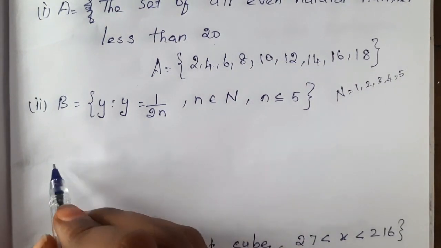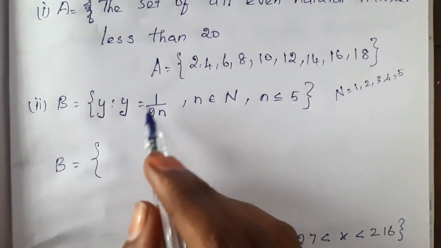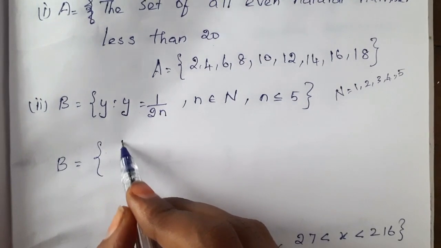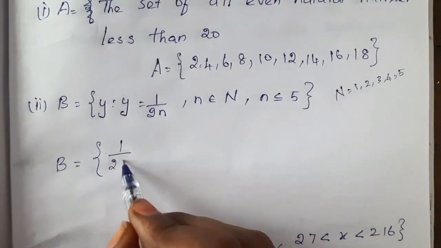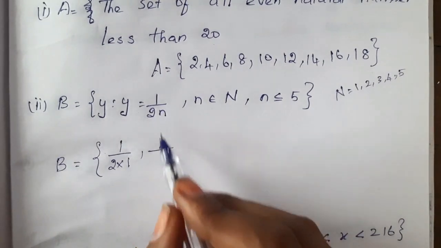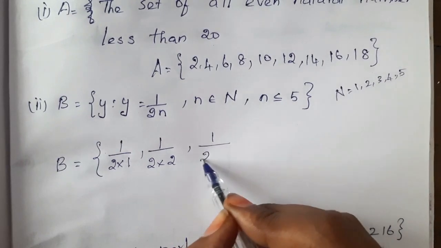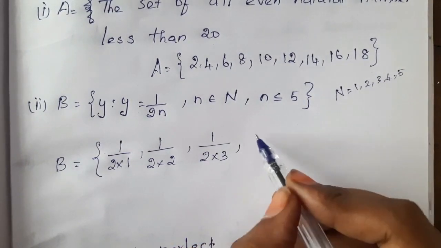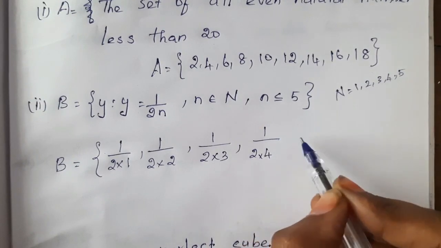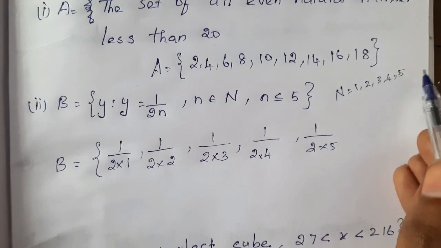So the set will be B equal to set of all y. How will the y be? If you put 1 for n, we will get 1 by 2 into 1. If you put 2 for this n, 2 into 2. Then if you put 3 for this n, 2 into 3. Then 2 into 4. Next 1 by 2 into 5. Do you need to use 6?